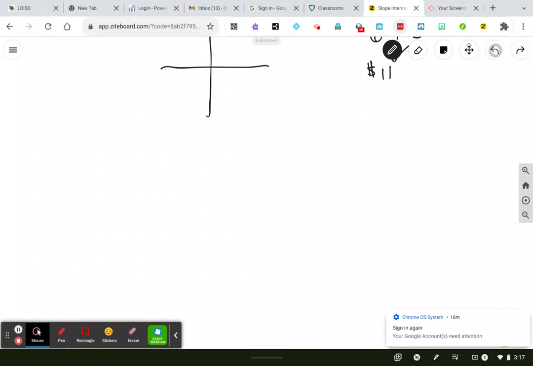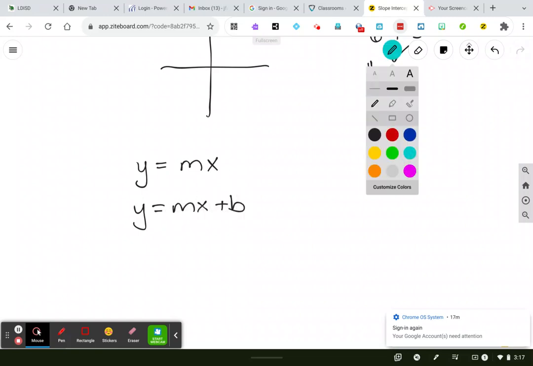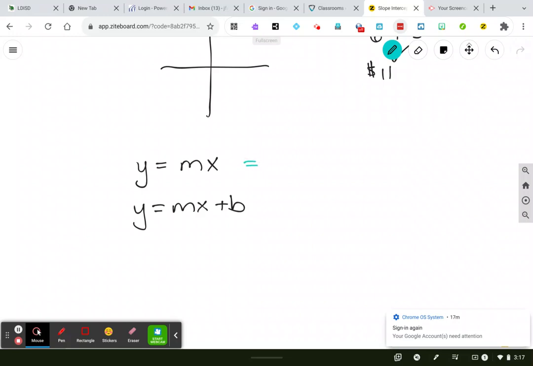You have two equations. You have y equals mx, and you have y equals mx plus b. The two things you need to remember, make sure you've got this written down, is that this one is proportional and it goes through 0, 0.